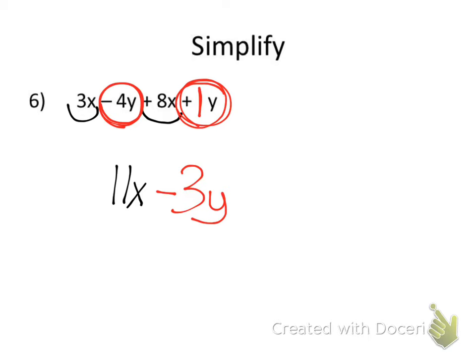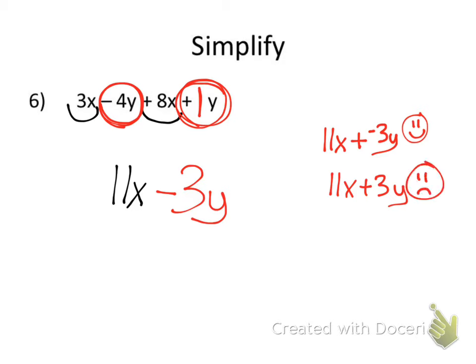If you want to actually write this one as a plus negative 3y, that's your business, okay? I will accept either one of these. Some teachers won't. I can't speak for all your algebra teachers in the future, but for me, this is okay. What is not okay is to just totally forget that there was a negative or a minus at all. This is bad. Okay? What are your questions?